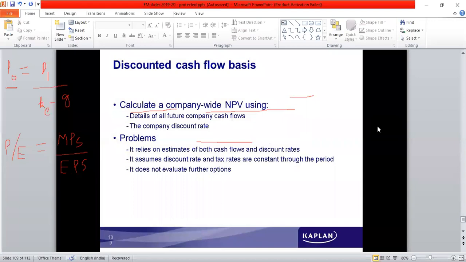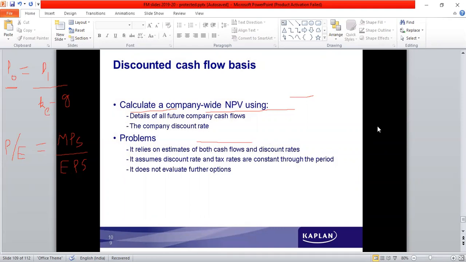What are the problems? Is it such a simple task that the future cash flows can be very easily predicted? There is a problem with that. It relies on estimates of both cash flows and discount rates. It assumes discount rate and tax rates are constant through the period. But let's say a company has projects which can give cash flows for the next 10 years. Is it possible that the tax rate would be the same throughout the next 10 years, or the discount rate would be the same?